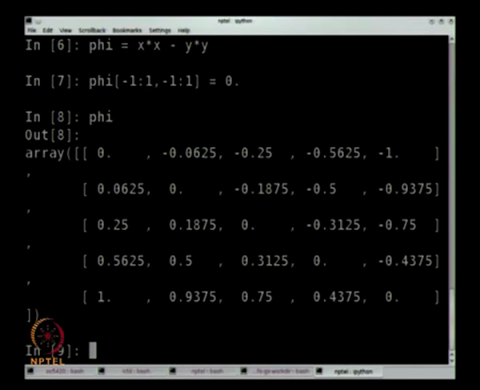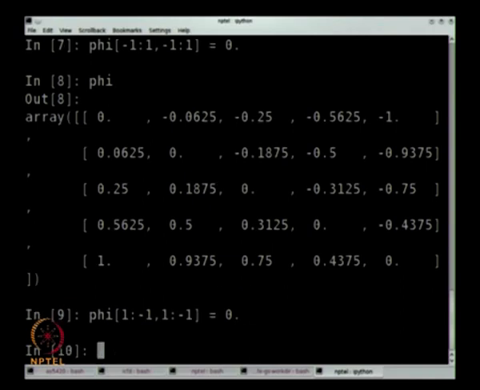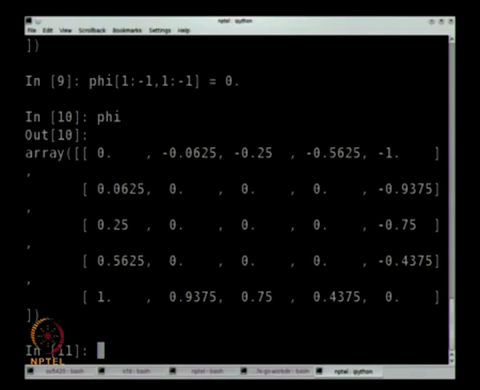Phi of minus 1 comma 1 colon 1 minus 1 colon. Oh, sometimes that does not make sense, so we will do the right thing, which is what I was telling you. The reason why I do this is, yes, I make mistakes, we all make mistakes, right. So I am not trying to make it perfect. Now you can see that all the interior points are 0, it is fine.